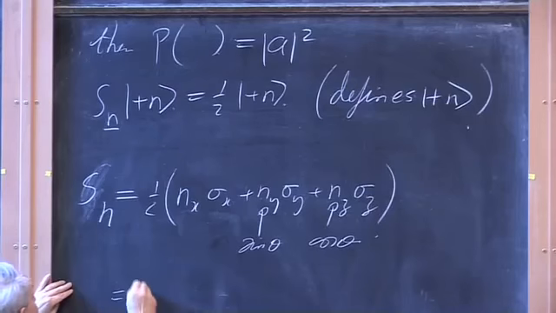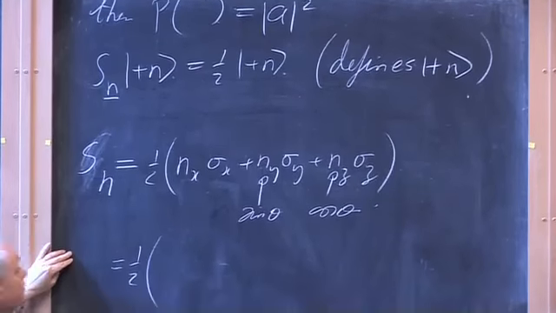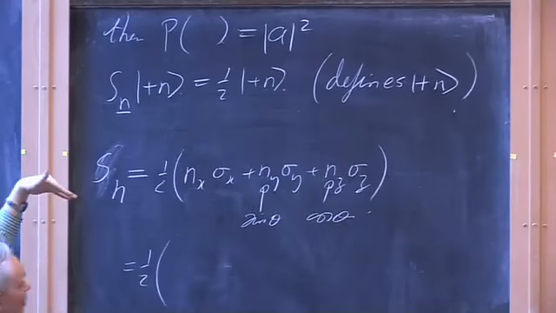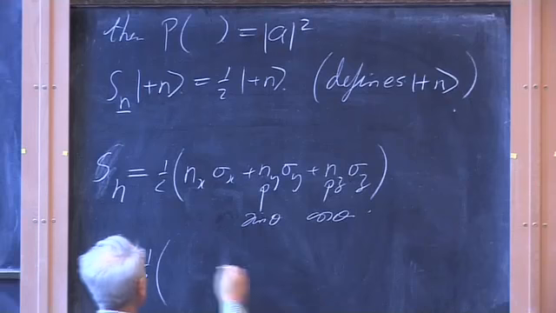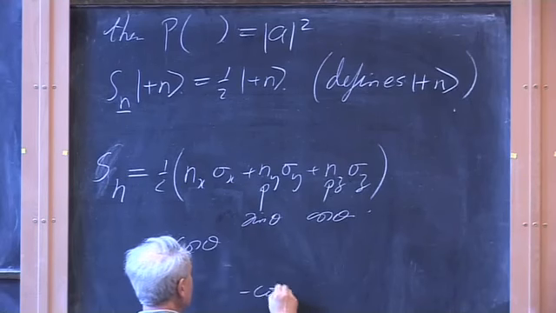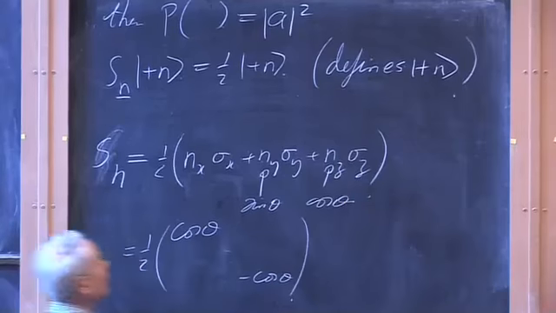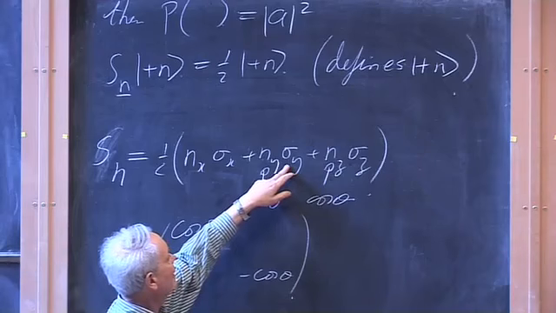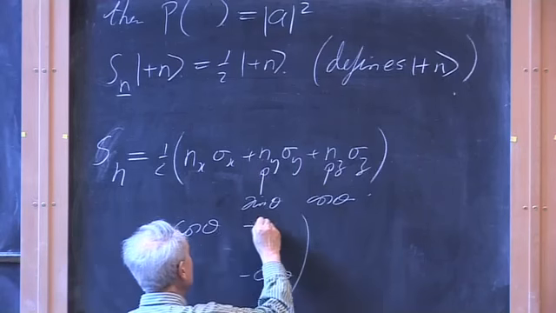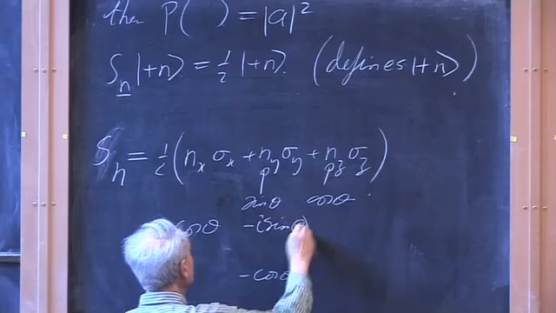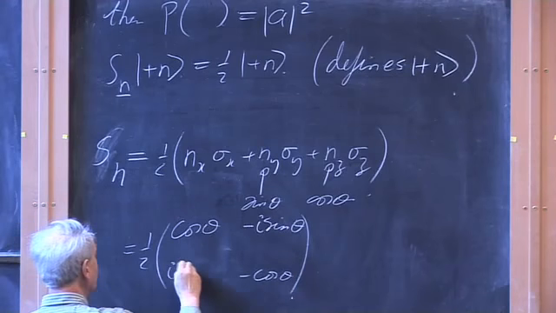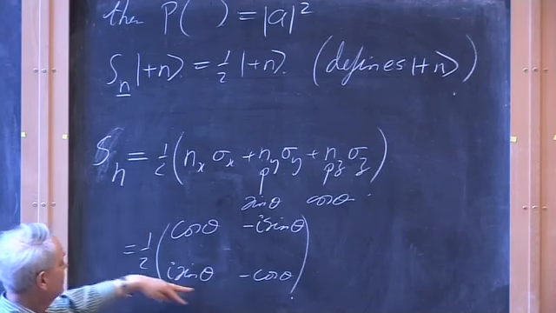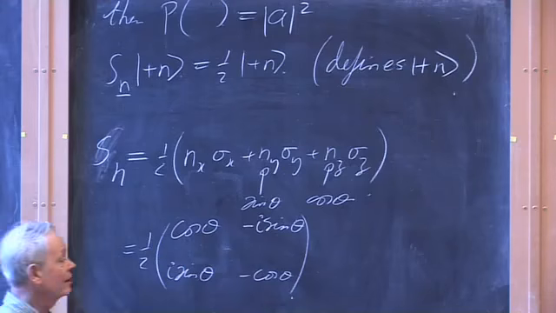So at the end of the day, it is a half of, now, sigma z, we've got up there, it's got 1 in the top left-hand corner and minus 1 in the bottom, so I get a cos theta and a minus cos theta appearing on the diagonal because of sigma z. And sigma y has got a minus i in the top right-hand corner, so we get a minus i sine theta appearing there, and its complex conjugate has to appear down here.